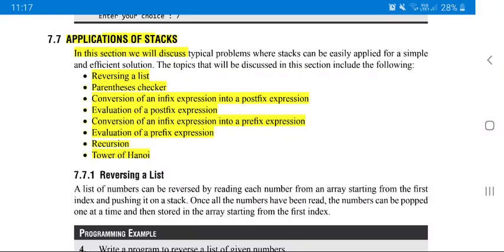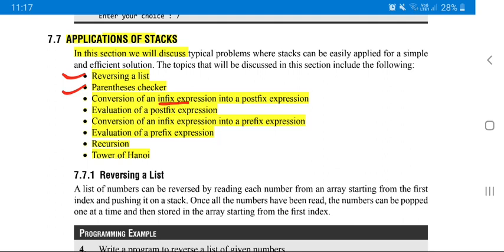Students, now we are going to discuss the applications of stacks. In which areas are we going to implement a stack? The first one is reversing a list. If you have a list and want to reverse it, you can do it by using a stack. And parenthesis checker: to check how many parentheses there are, you can use a stack.